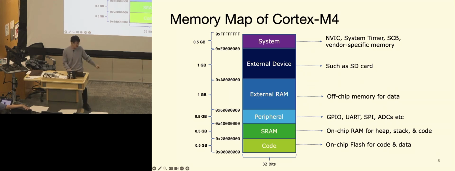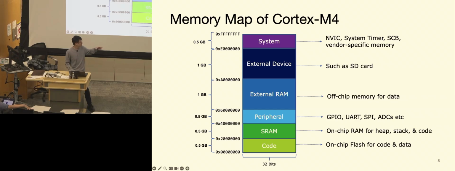For example, from bottom to top, the code part, which takes about 0.5 GB, is the on-chip flash memory for code, and the SRAM is where a lot of the data is stored. Last lecture we talked about the stack and heap, where register values sometimes got stored.